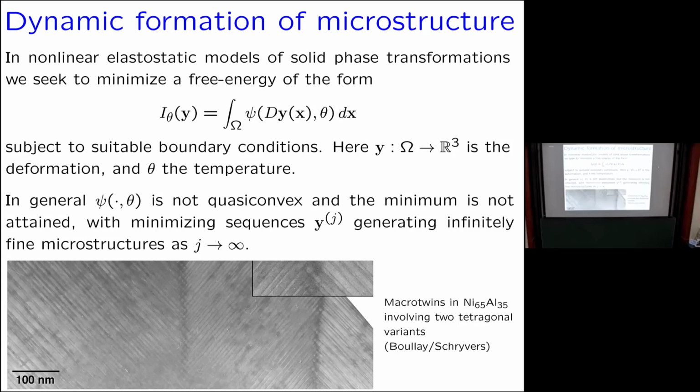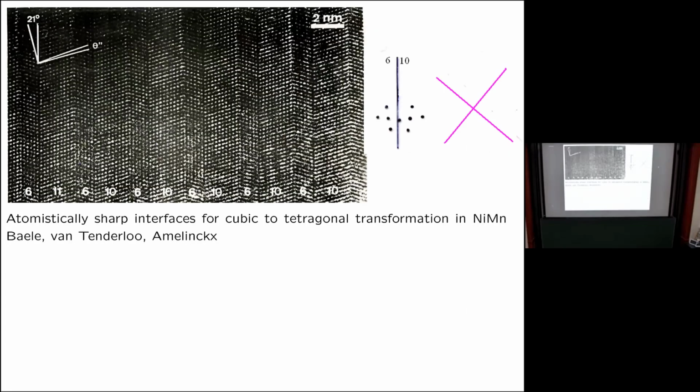You see two laminates in which the gradient alternates between two values, and then another such laminate here. Of course, that's not infinitely fine, but it's very fine. And in this model, in which the energy of the interfaces themselves is ignored, the model predicts infinitely fine microstructures in the sense of minimizing sequences.